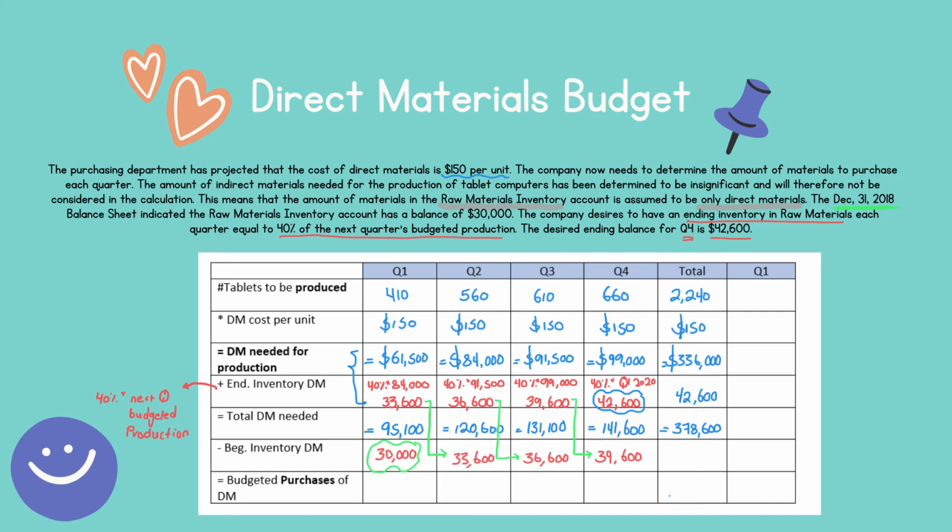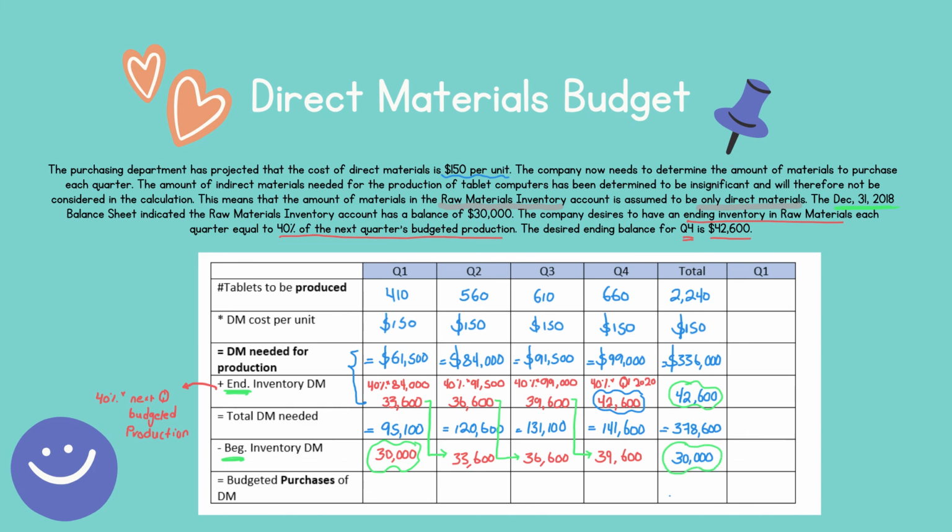Now for the total year, what will be the beginning inventory? It's gonna be the beginning inventory for the first quarter, which is 30,000. For the ending inventory for the year, I'm gonna take the last quarter, because this is the end of this year, while the beginning of this year will be the quarter one balance.